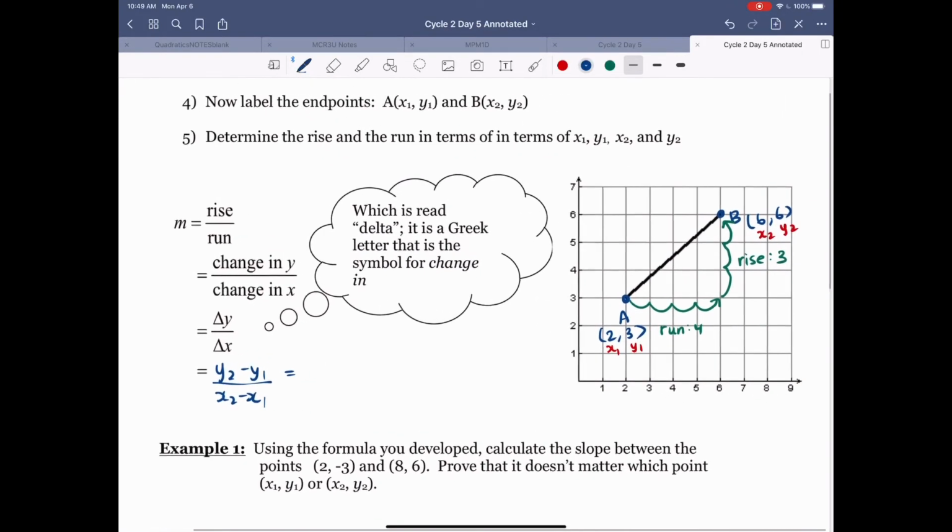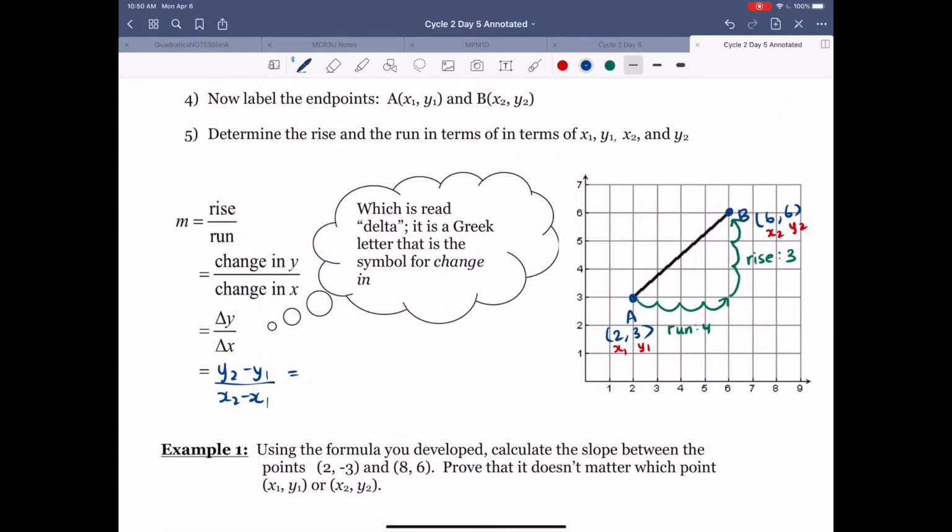All right, so I have y2 as 6 and y1 as 3, so 6 minus 3. And x2 as 6 and x1 as 2. So 6 minus 3 is 3. 6 minus 2 is 4. So my slope is 3 over 4.